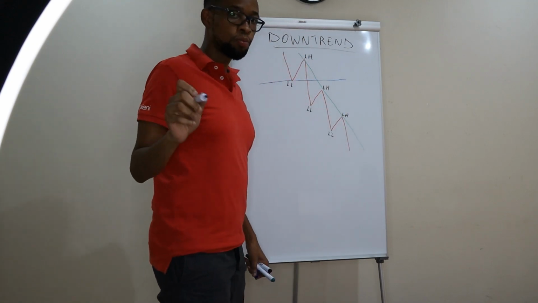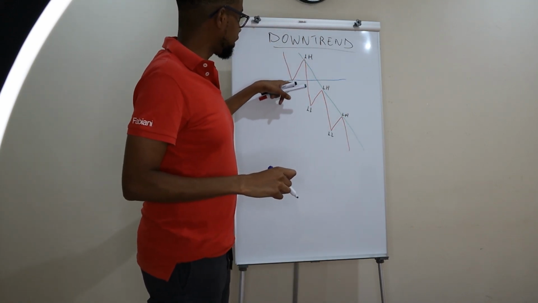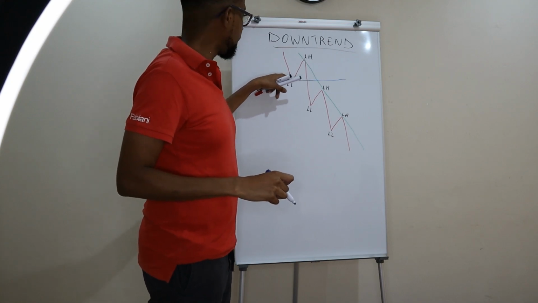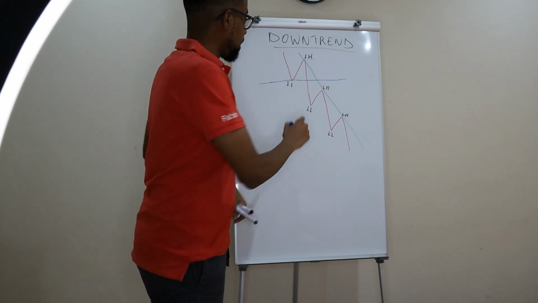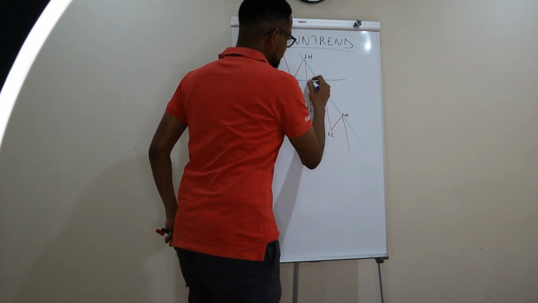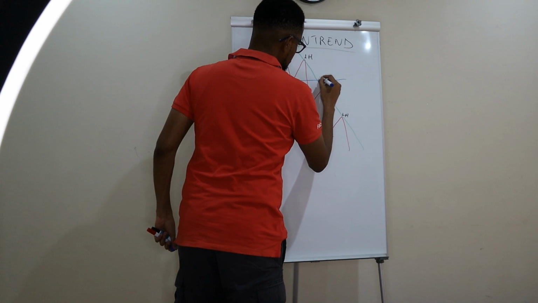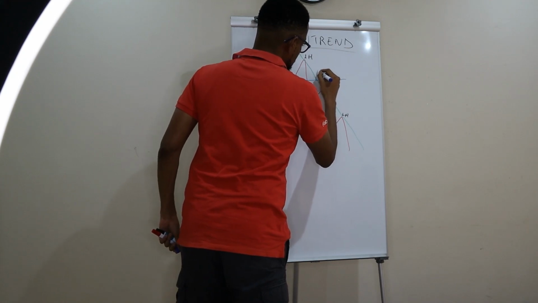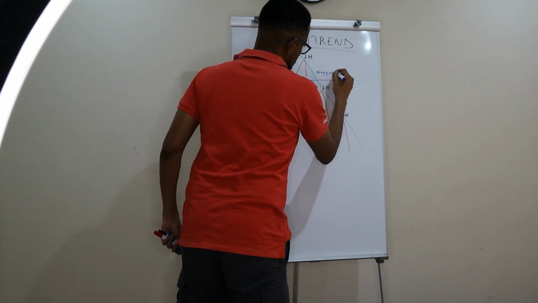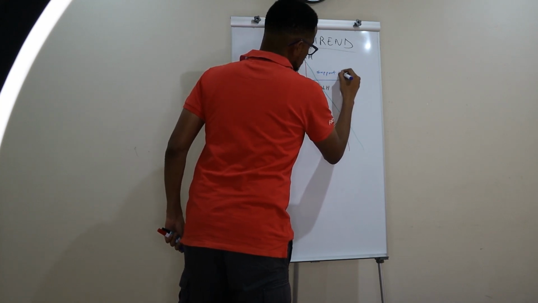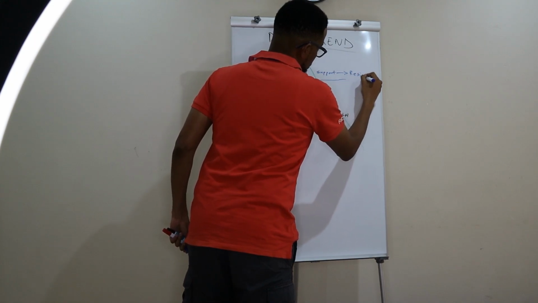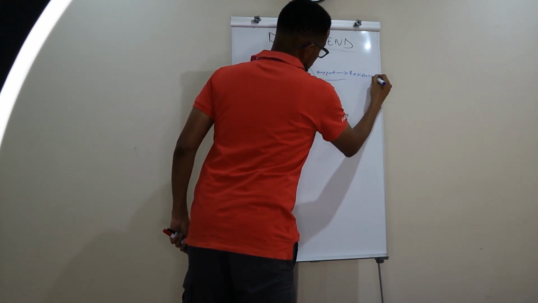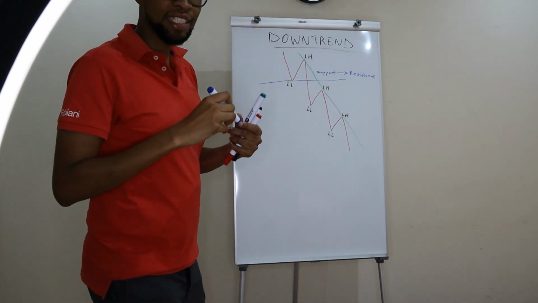So as you can see with the blue line, previously it was a support as it bounced here, and then it went up to the lower high, and then it broke the support. So now this support now becomes the resistance line.